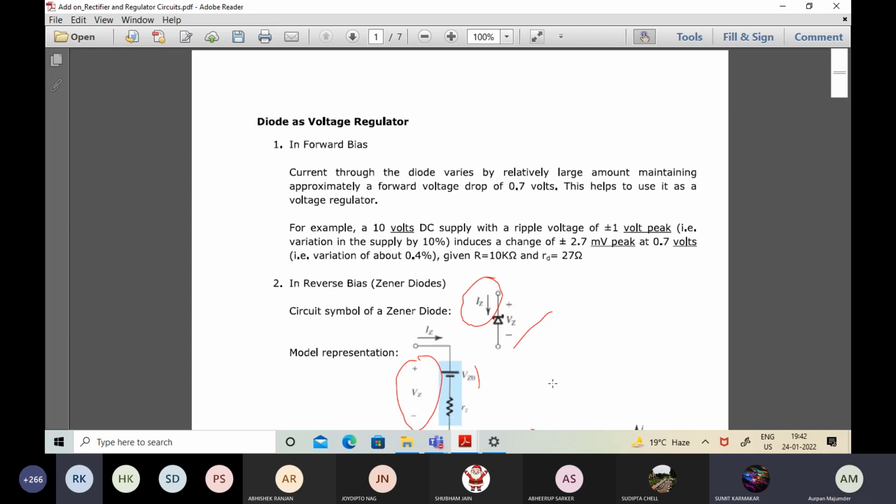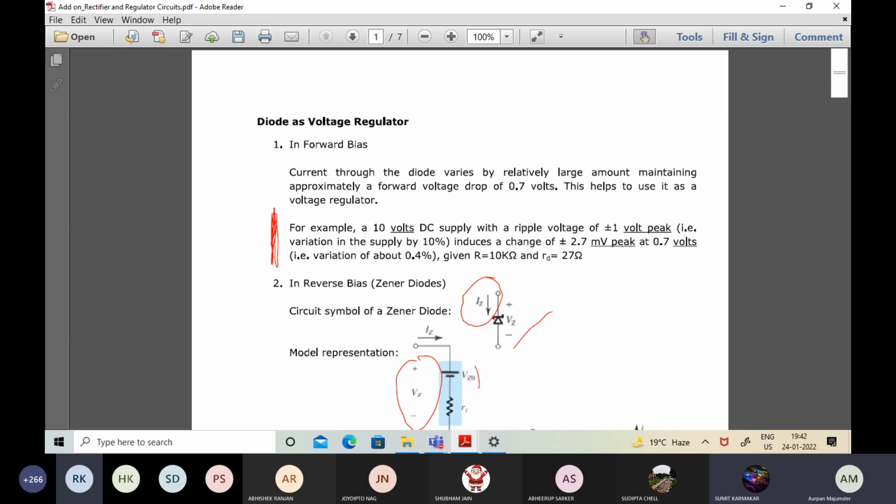So we avoid it completely under reverse bias regulation. But both kinds of diodes are equally applicable for regulation under forward bias as well. Definitely the level of regulation is not that good, but it is possible. To explore that idea, go to this example I am highlighting right now.